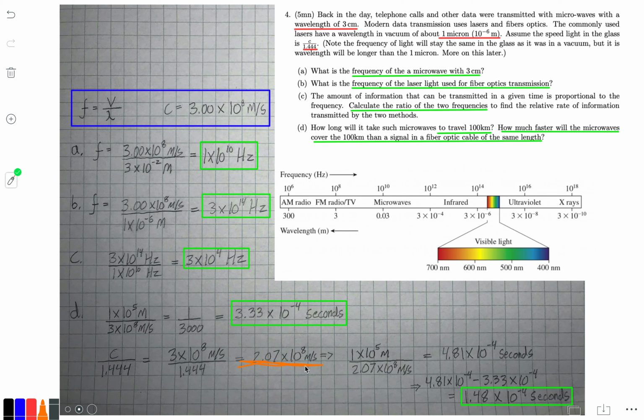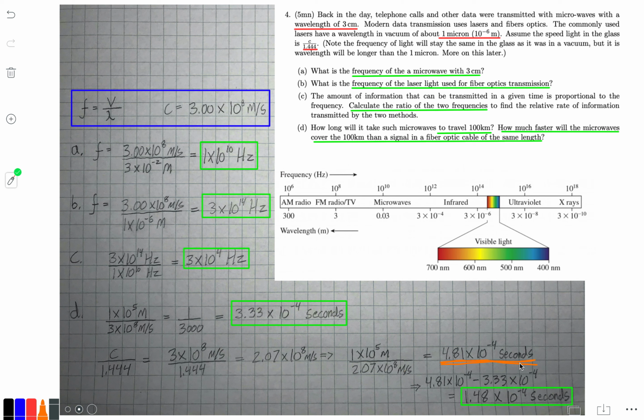So this is how fast light would travel through glass, and then we can do the same thing where we put the meters over the meters per second and get the meters to cancel, and we're left with seconds here.